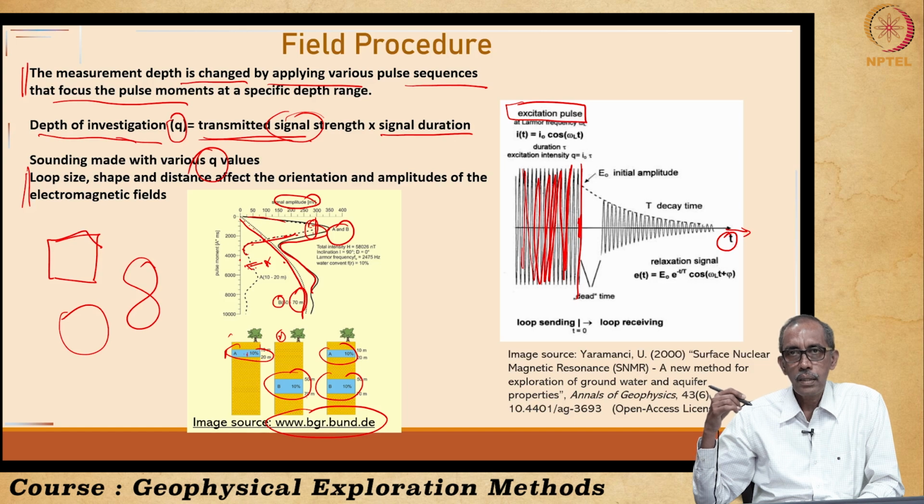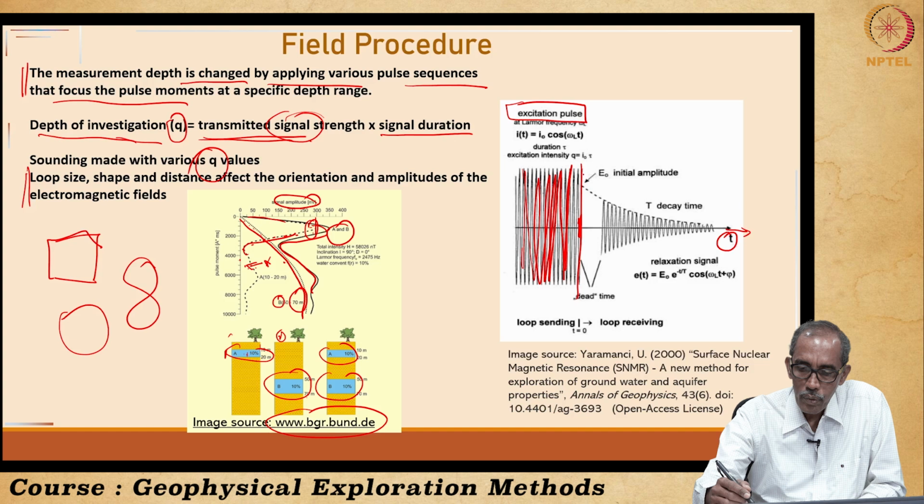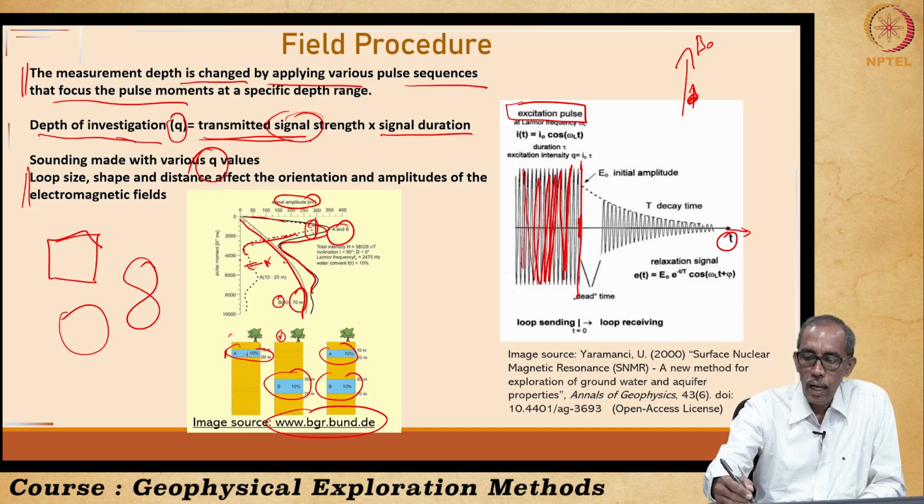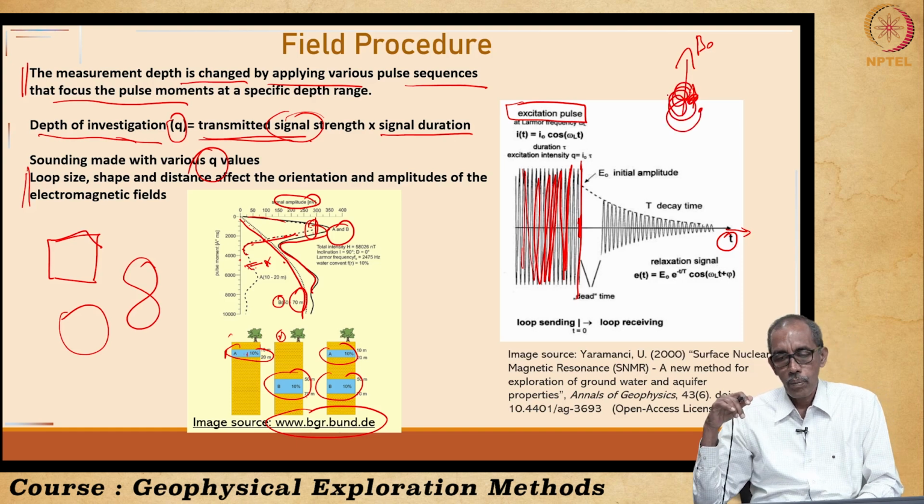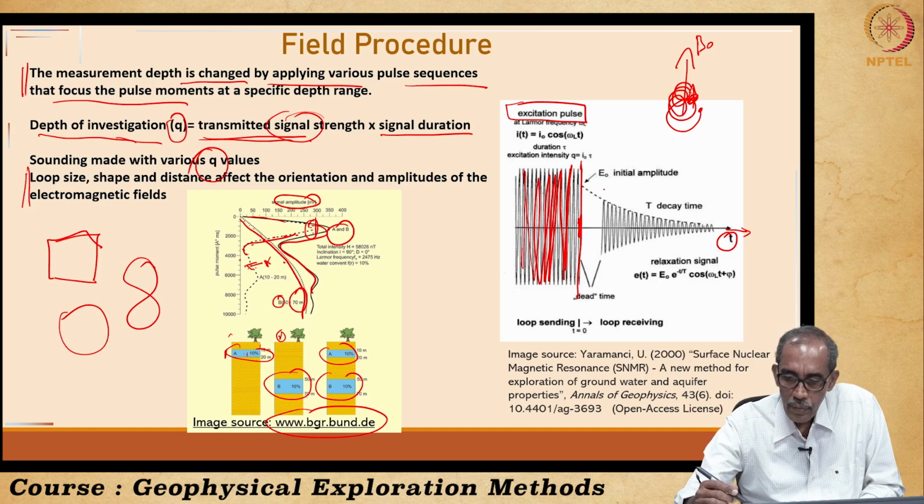After the application is stopped, what happens? The protons are now aligned parallel to B naught. This is the alignment of the proton also. After we stopped the current, it slowly starts spinning and reaches the original position. During this process, initially you do not have any signal, but after some time it starts moving.